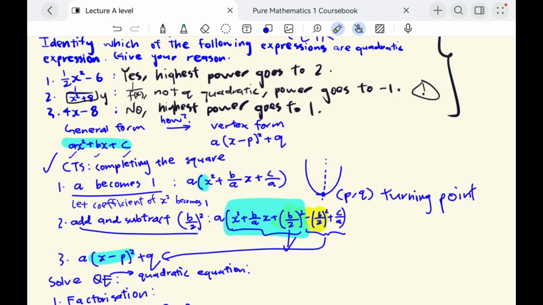So your first step is to factor out your a, in order to let the coefficient of the x squared term inside the bracket become 1. Of course, the coefficients of the other terms need to be divided by a, in order to satisfy its equality.